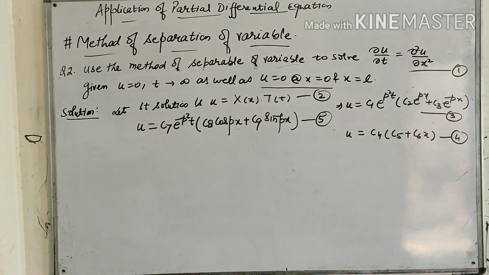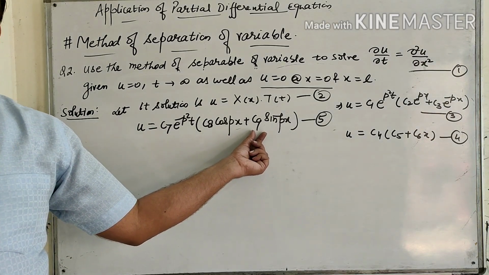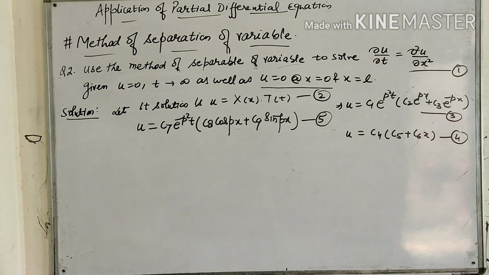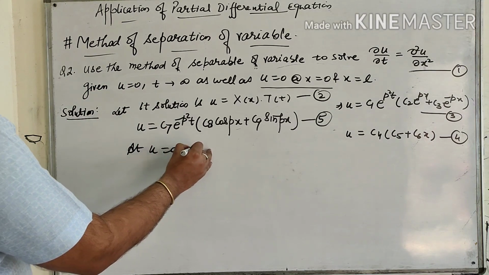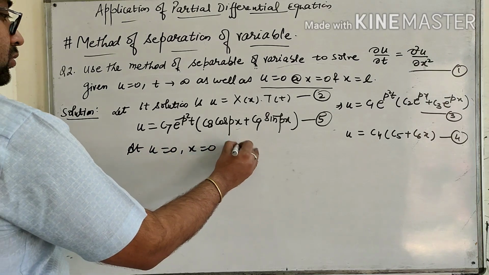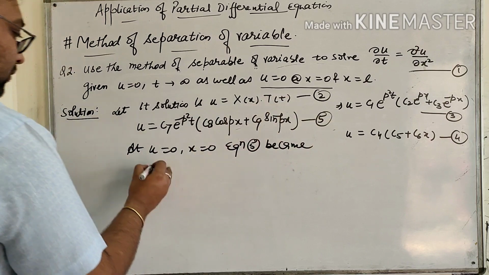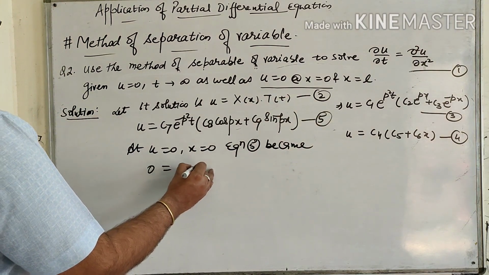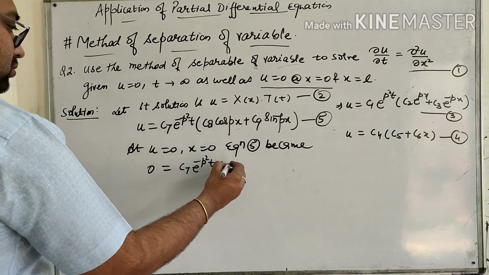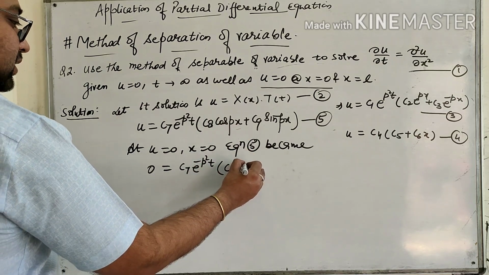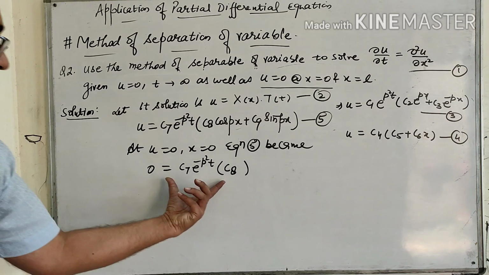We have to find the value of these constants C7, C8, C9, if possible, by the given boundary conditions. So we are taking the first boundary condition, u equals 0 at x equals 0. Equation 5 becomes 0 equals C7 e raised to power minus p squared t cos 0, which is 1, into C8, and sin 0 is 0, so this term remains.